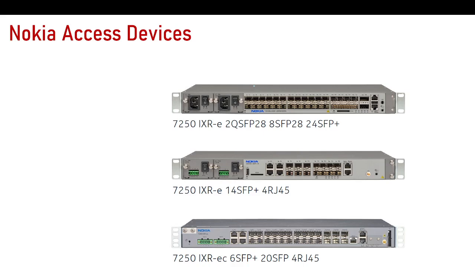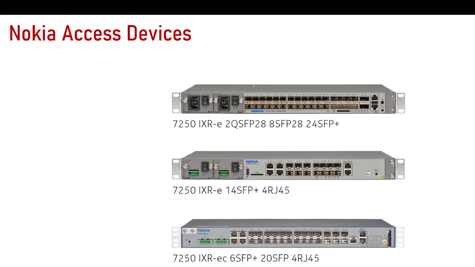And we have this 7250 IXR. So we have different series of IXRs that you can use to build your IPRAN network. And you can see that the series have different features. For example, the IXR-E, you can see that we have two QSFP, which means you could do 200G, 250G.